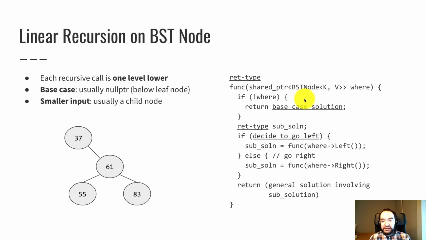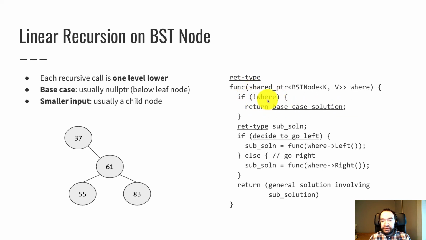So here is, again, some code with some fill in the blanks for how we could write one of these functions. This is just called func. The input to the function is a pointer to a node. It has some return type. The underlining means that's a fill in the blank, so you would have to replace that with the return type of the function. And we say if not where, then return the base case solution.